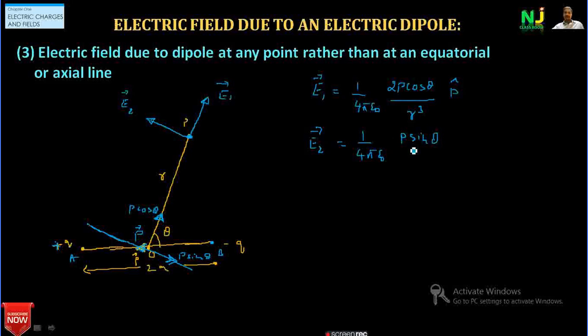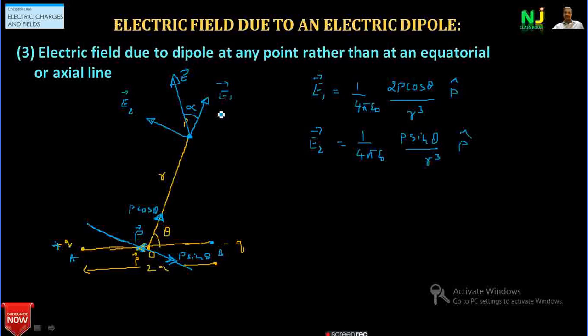So if you take the resultant of E1 vector and E2 vector, somewhere in between the resultant vector E is acting, which makes an angle alpha with the E1 vector. So now we have to find the E vector, that is the resultant of E1 and E2, the net field.